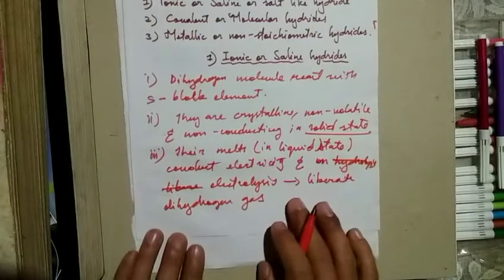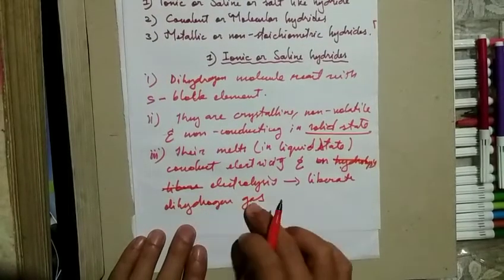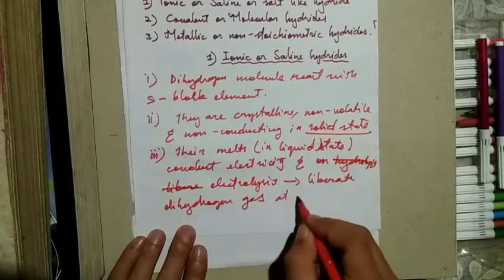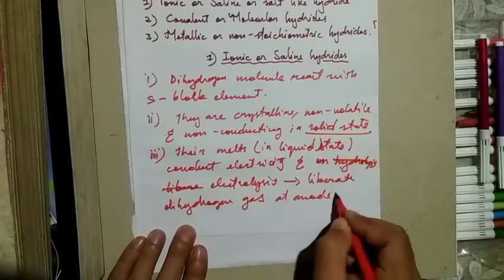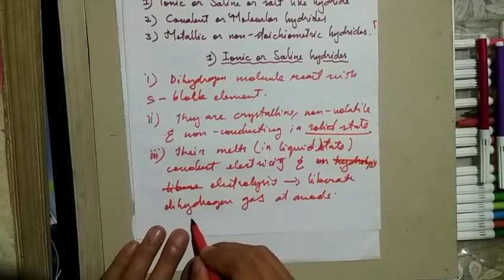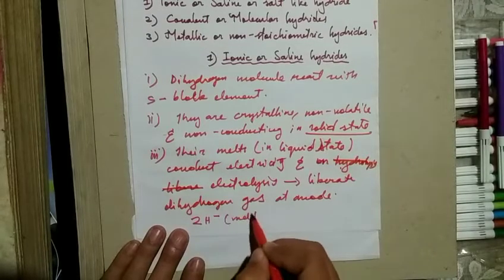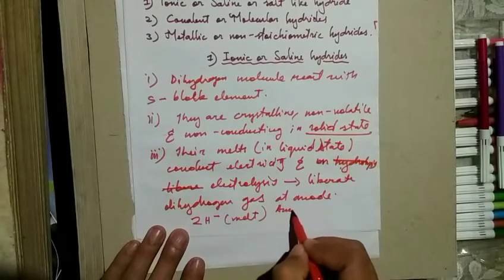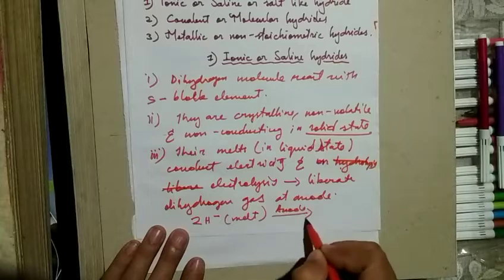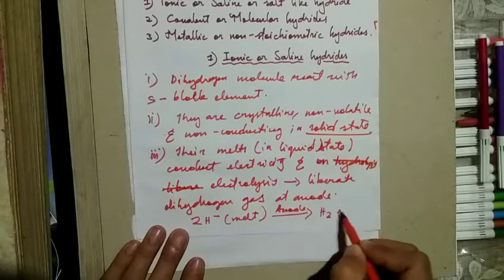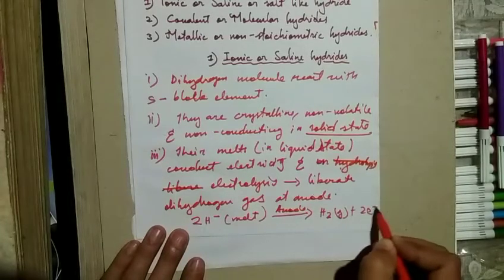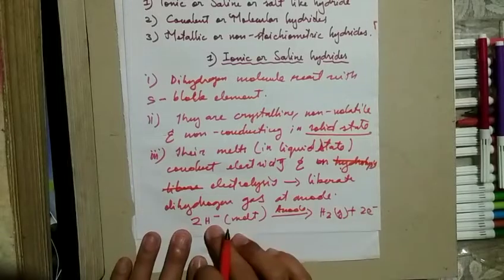So on electrolysis, they liberate dihydrogen gas at the anode, along with 2 electrons.